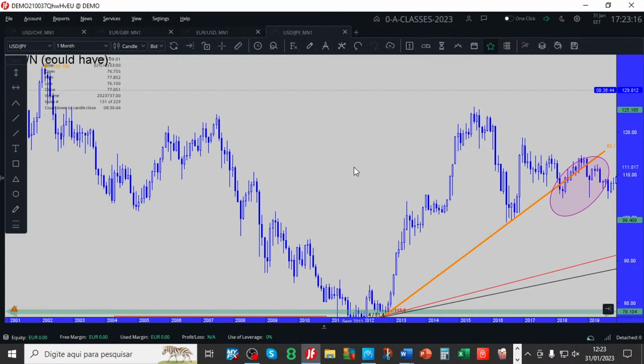The USD JPY monthly chart is just an example. Try to understand, it's just an example. And we are talking about just the trend lines, not about support, resistance, pivot points.